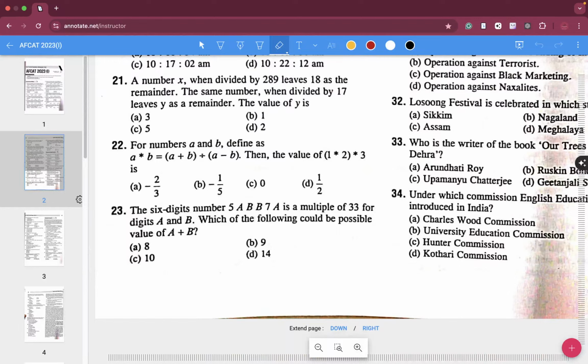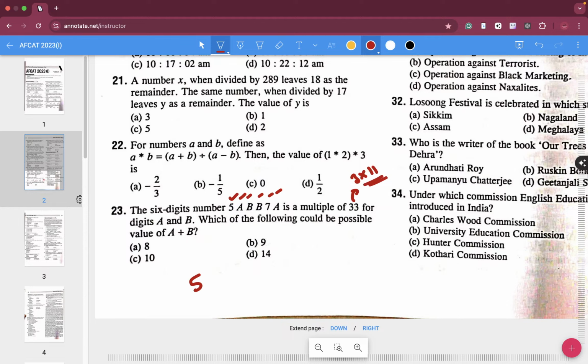Question number 23, 6 digit numbers. The 6 digit number 5ABB7A is a multiple of 33. If some number is a multiple of 33, that means that number is also divisible by 3 and 11, the prime numbers.